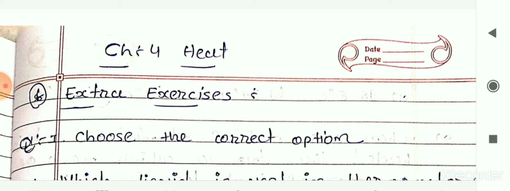Then after we had seen maximum and minimum thermometer. So the thermometer which is used to measure maximum and minimum temperature of the day is known as the maximum minimum thermometer. And in clinical thermometer there is a kink, or you can say a constriction near the bulb of mercury, and this kink prevents mercury level from falling down.